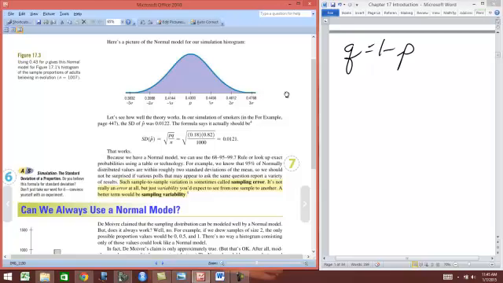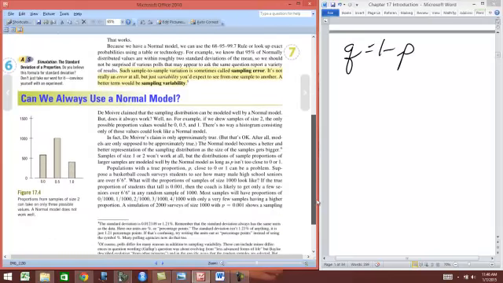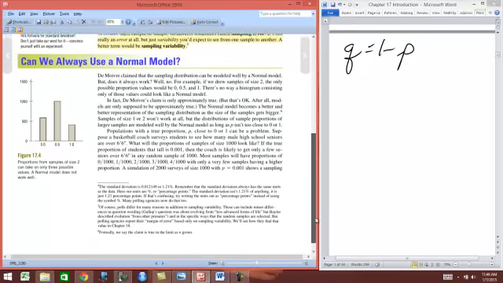Then the variation of p-hats from sample to sample, the fact that the p-hat is not always the same, in fact, is rarely the same. If the sample is big enough, it'll probably never be exactly the same. Sample variation is called sampling error. But it's best to just think of it as sample variability because there's really no error. Okay.